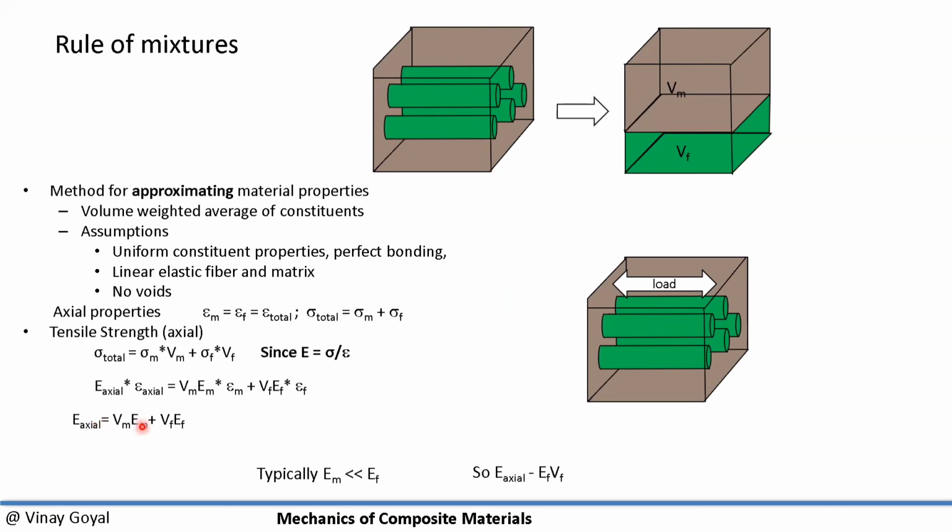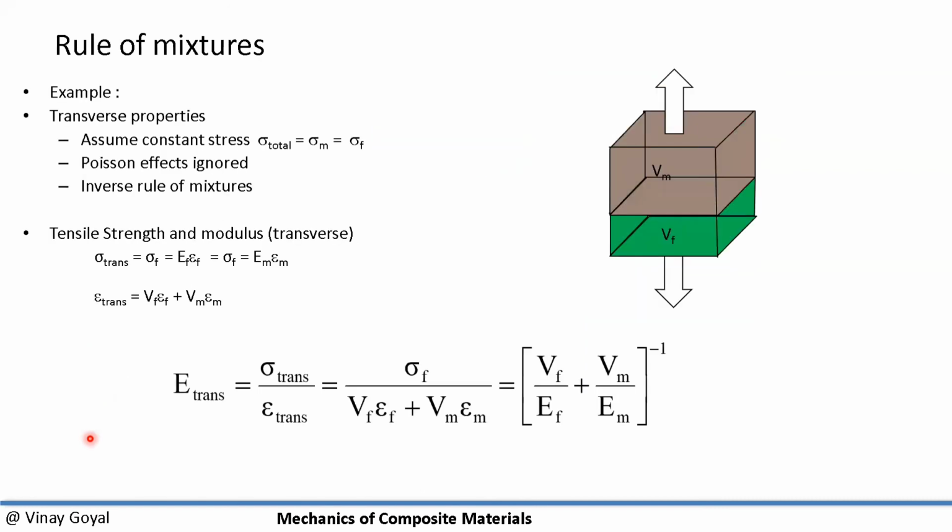And you can estimate that because if you have the volume content of the matrix and the volume content of the fiber, and you know the modulus of the matrix and the modulus of the fiber from the vendor, you can come up with the actual modulus. You can also look at the transverse direction, and I covered that.